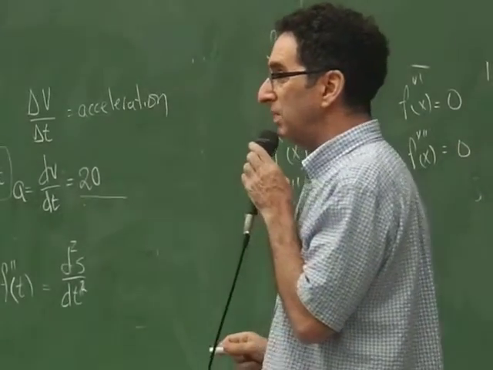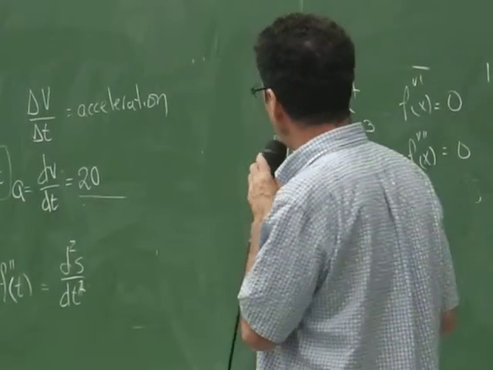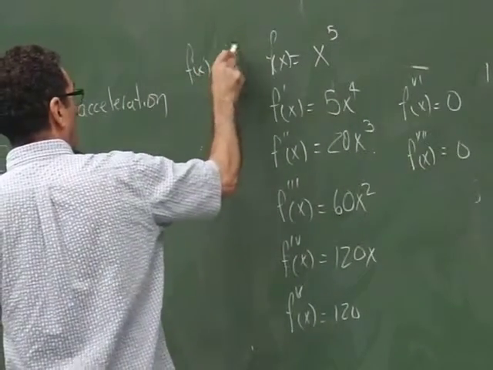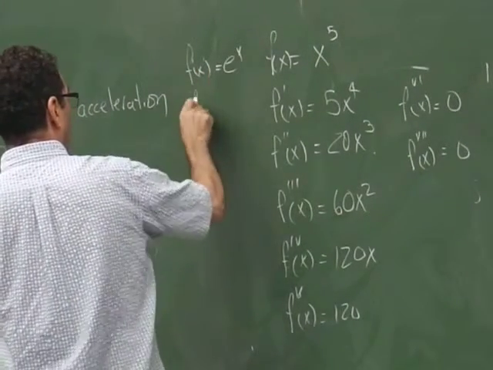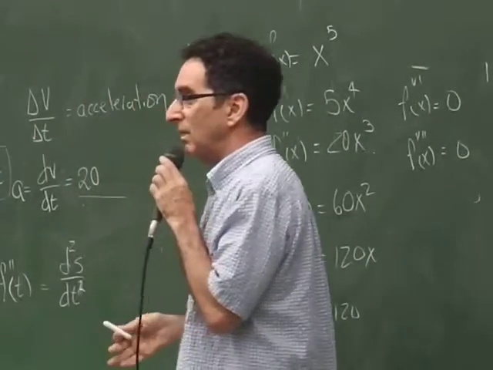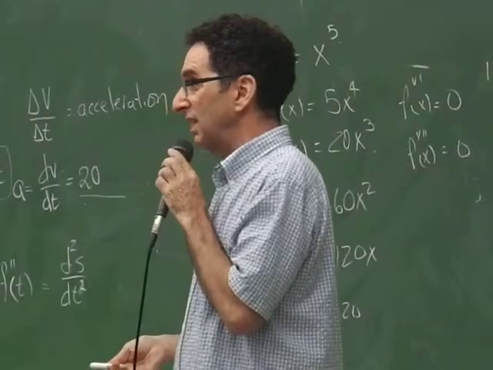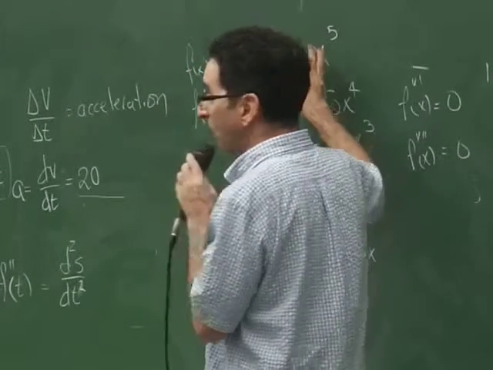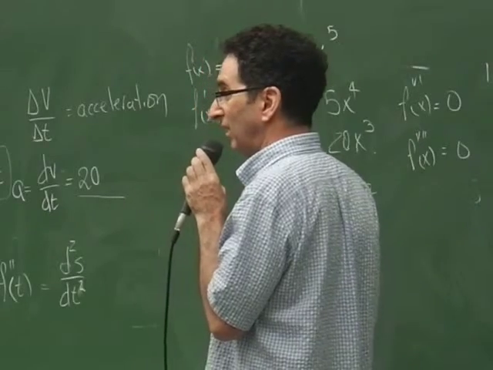All the ones after that will be 0. Okay, now if my original function was e to the x, what's the derivative of that? Still e to the x, so what's the derivative of that? Second derivative, also e to the x. So it's not getting lower and lower. But when you have a power function like this, it does do that. Okay?